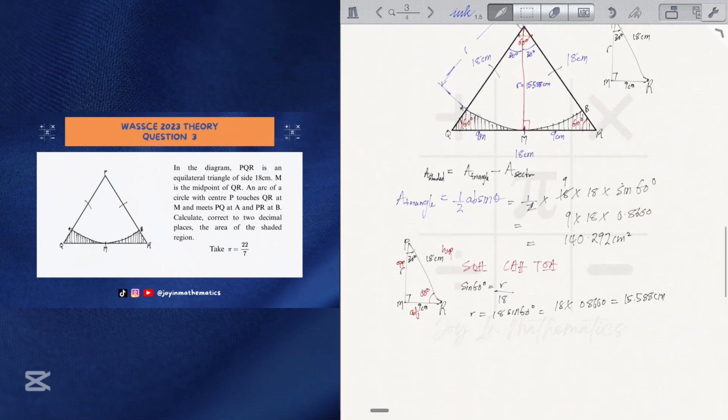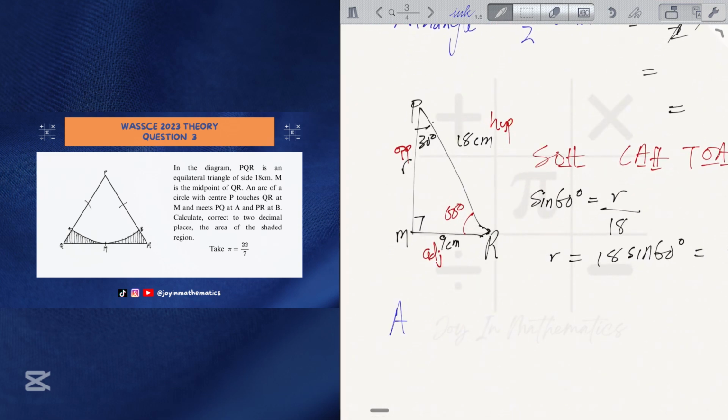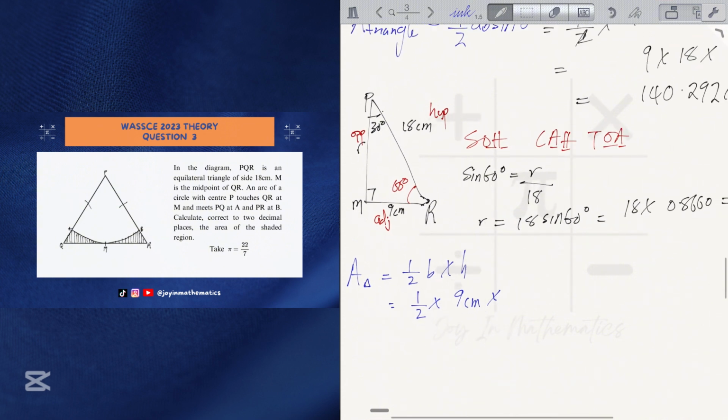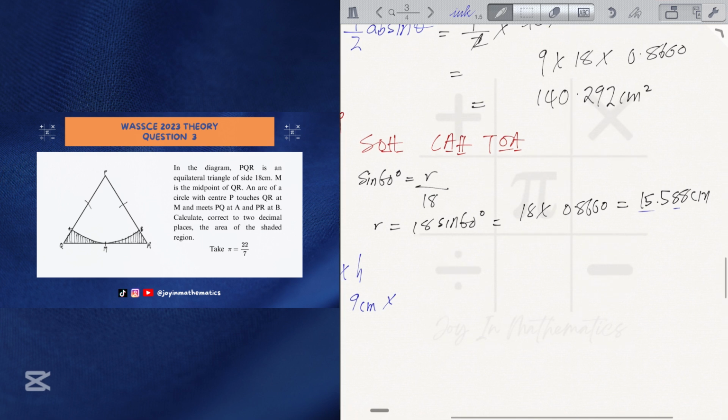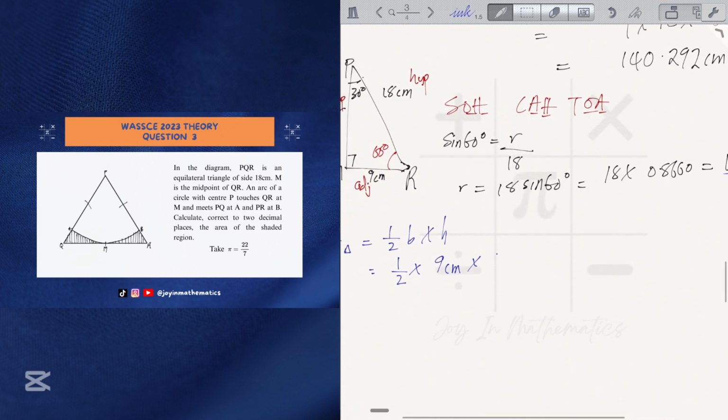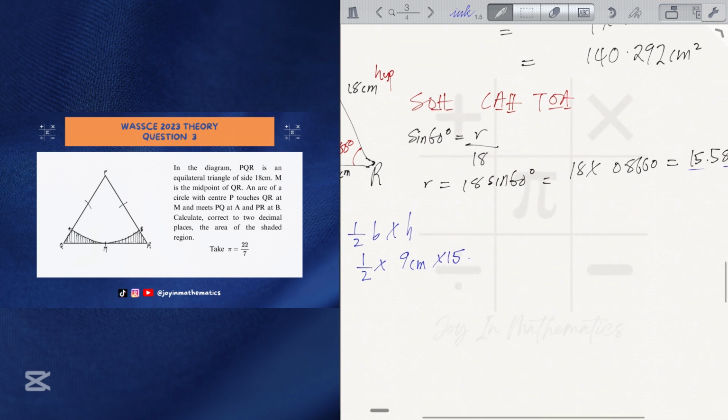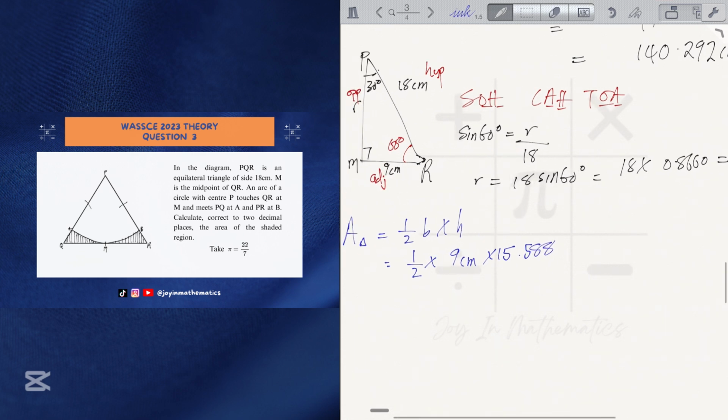Because we know that the area of this triangle is equal to half base times height, this will be 1 over 2 multiplied by the base, which is 9 centimeters, and the height is r, which we just evaluated. r is equal to 15.588 centimeters.